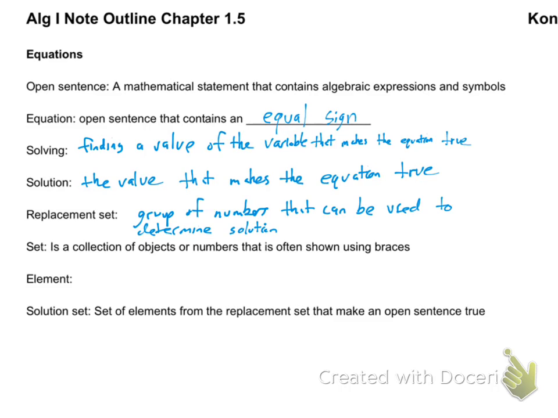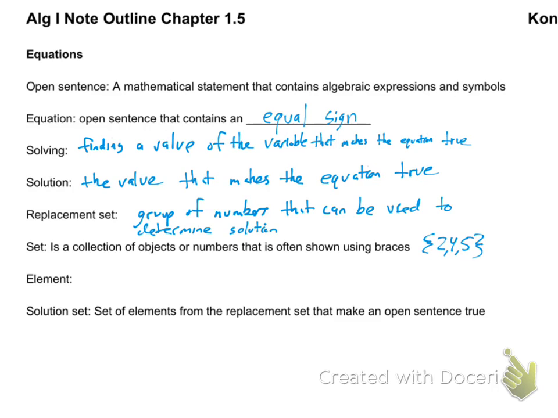So what's a set? A set is just a collection of objects or numbers that are often written using braces or brackets. What I mean by that, it's this thing. It's got a set of brackets around it. In this case, our set would contain only the numbers 2, 4, and 5. Now, 2, 4, and 5 are what we call elements.